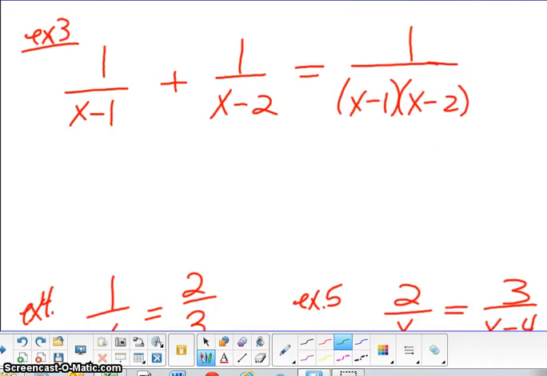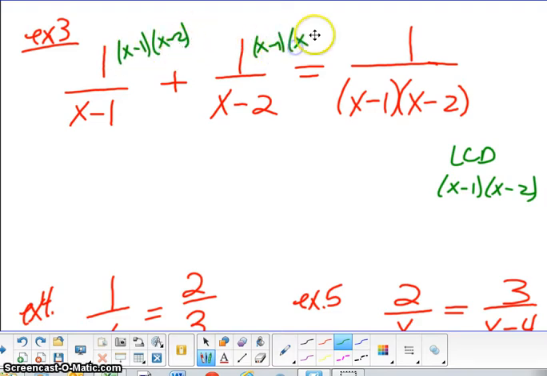Okay, example 3. The LCD for this one is going to be x minus 1 and x minus 2. So I'm going to multiply each term by that and cancel where needed. By multiplying by the LCD, remember that it's going to wipe out the fraction.